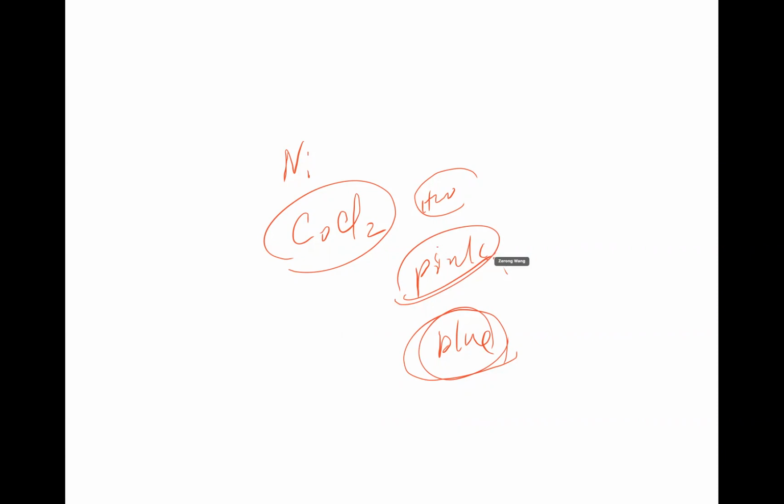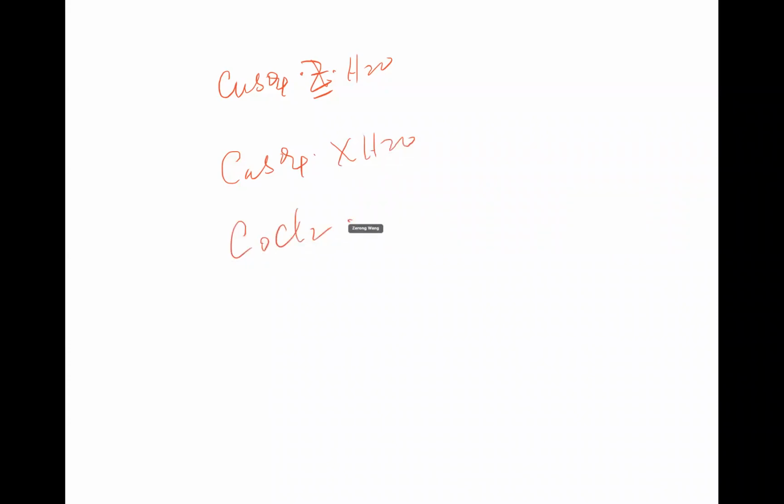Okay. So, because of that, today we will test the water associated with copper sulfate. And in this case, we have a Z or X to tell, we don't know the actual number of that. Then we will do calcium sulfate and how many water, and likewise cobalt and how many water.